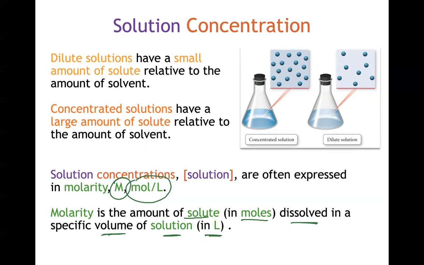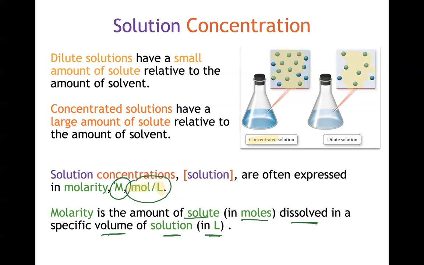Well, it's the amount of solute that is occupying a specific volume, right? Because it's the moles of solute per liter of solution. How many solutes are occupying a given volume? In a concentrated solution, you have more solute in a given volume. In a dilute solution, you have less of the solute in that particular volume.